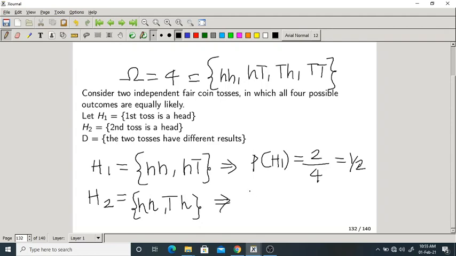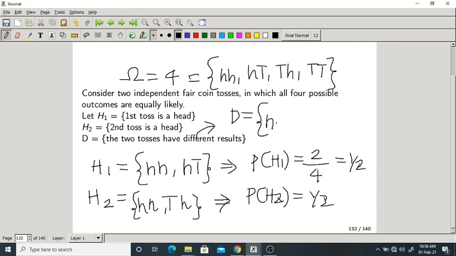P of H2 is also 1 by 2. Now what is D? The two tosses have different results, means you should not get the same result in both tosses.